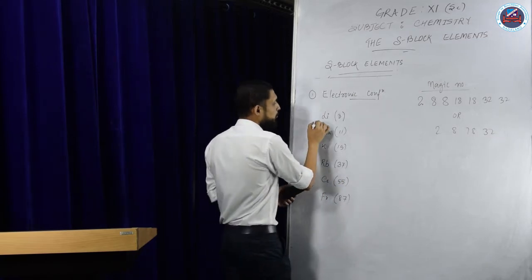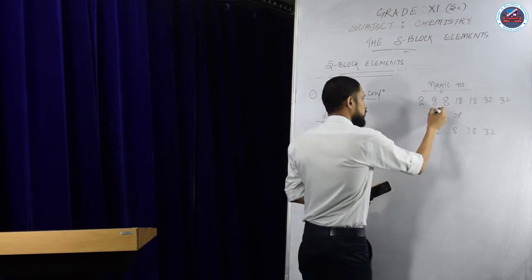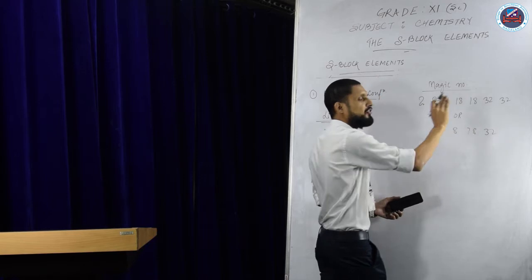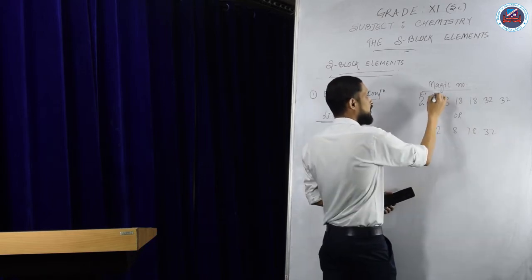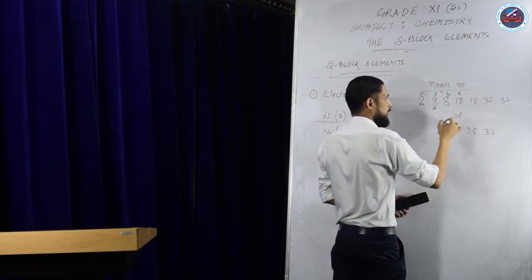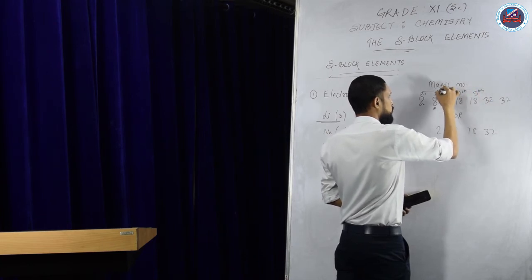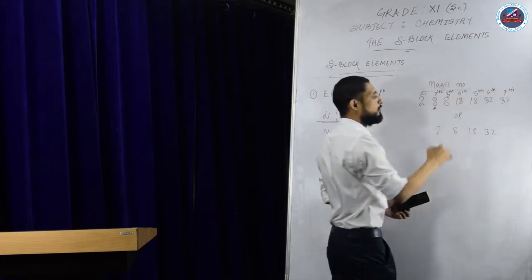Now, lithium with atomic number 3 will be here. These are nothing but the number of elements in the period. This is first period, you have 2 elements. Second, you have 8. Third, you have 8. Fourth, you have 18. Fifth, you have 18. Sixth, you have 32. Seventh, also you have 32.